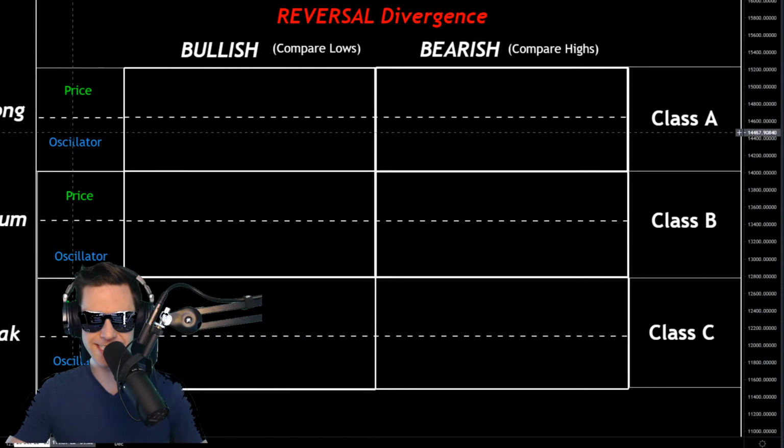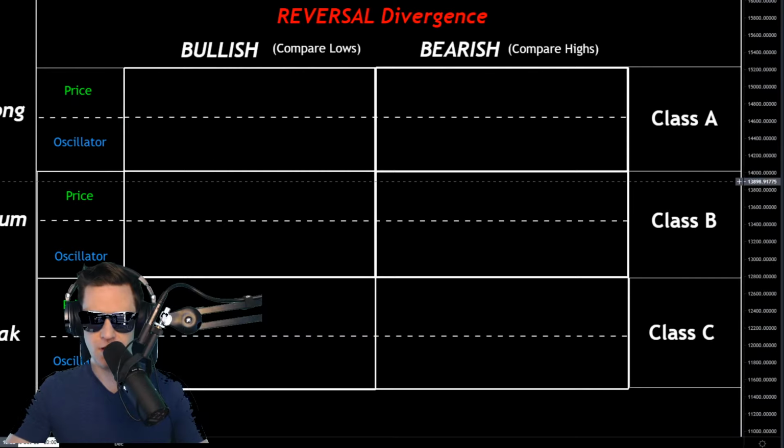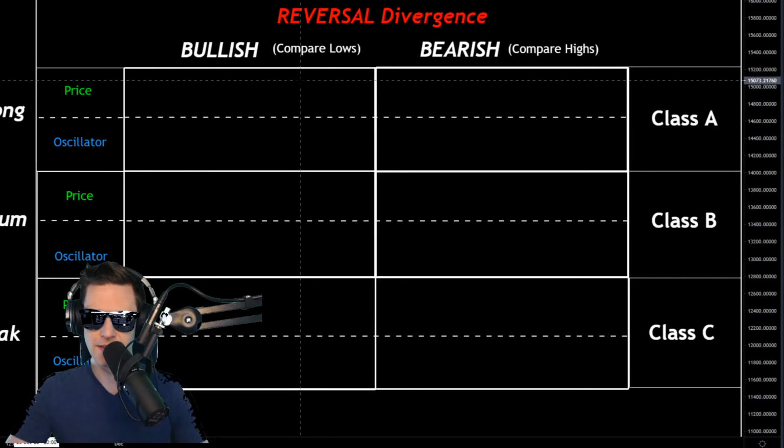The oscillator doesn't actually matter that much. You really can use almost any oscillator and these rules will still apply. That's what's really cool about this. And you can get into combining different oscillators, looking for these divergences across them, and you can use that to strengthen the evidence of the reversal or move that you're looking for.